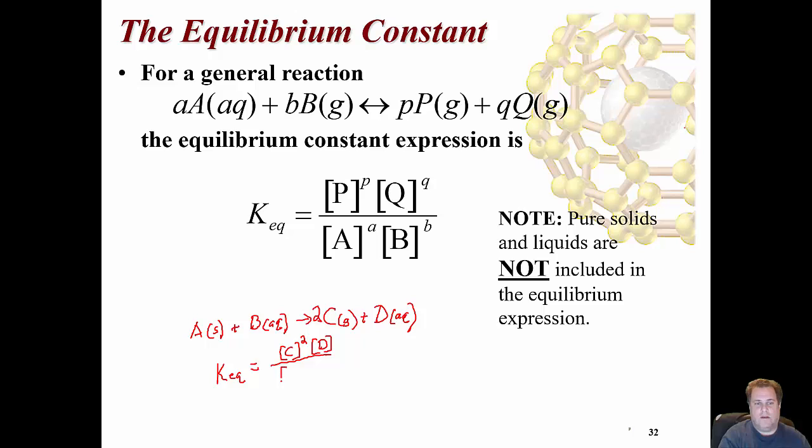We don't write the 1. Now, since A is a solid, we do not include that in our equilibrium expression. So it's just over the concentration of B. Again, it's to the first power. So this is our final equilibrium expression for that reaction.